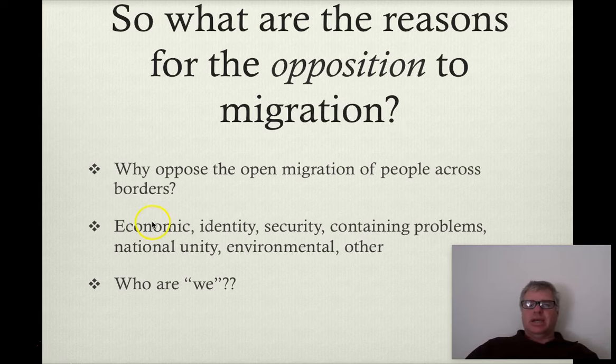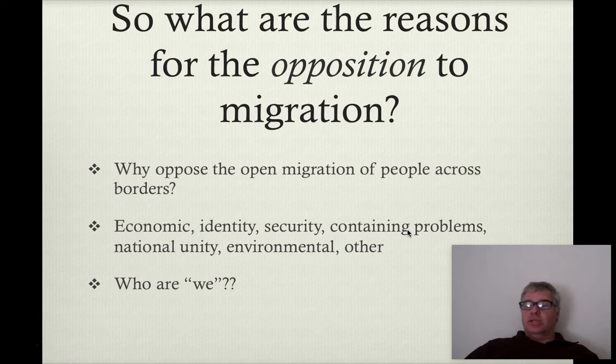So, what are some of the reasons why people oppose migration? Well, sometimes it's economic. This idea of are people there going to take jobs or be some kind of burden on the society. Issues of identity. Some people want to keep the culture of a place more homogeneous and don't want the culture to shift or change based on the ideologies and different cultural traits of the people coming in. There's also this idea of security, like perhaps the people that are coming in are a criminal or terrorism risk. There's also the idea of containing problems.